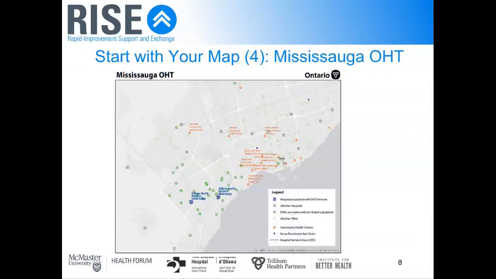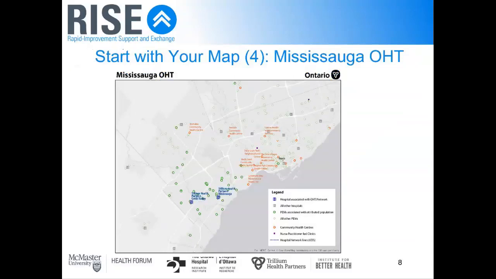conceptualization of the people and where they live, this now looks at the Mississauga OHT map. And you can see, as in the prior map, you'll see 2 hospitals. Actually, it's the same hospital, 2 sites of that hospital located in the core areas of Mississauga.